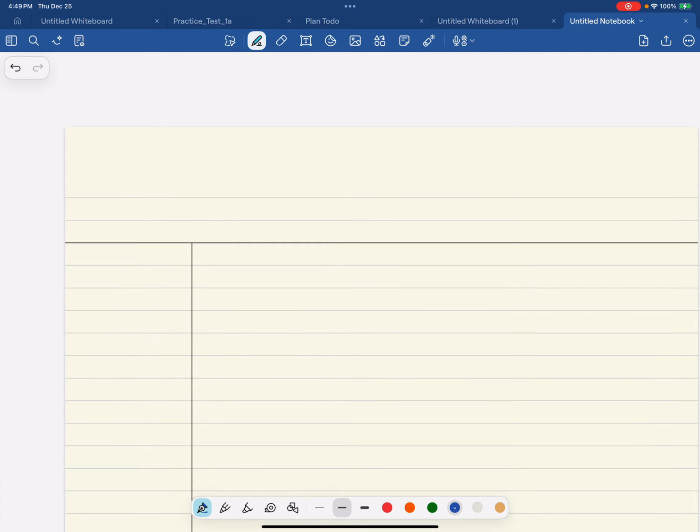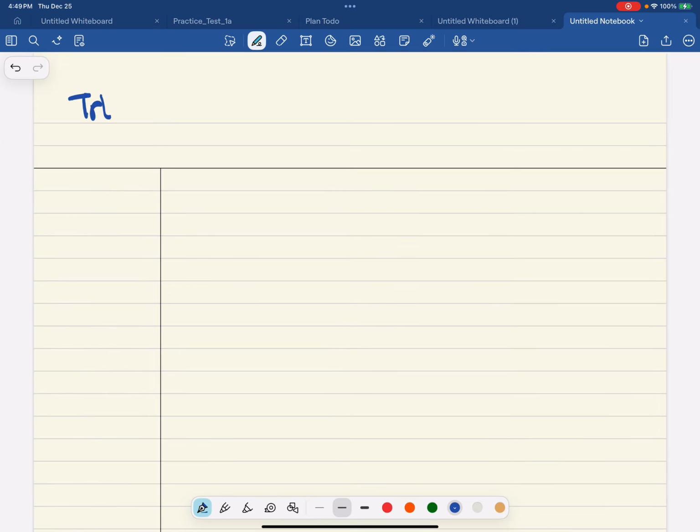Lastly, we have the trig rules for integration. And these are exactly the same thing as deriving, just the other way around. But it's not everything that we know for trig.